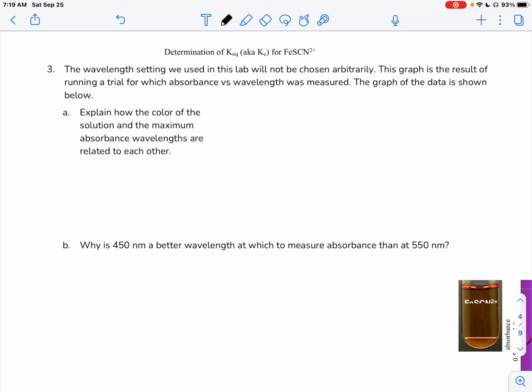So when I put this into the spectrophotometer, it gives me this graph, absorbance versus wavelength, the graph that you can see on your handout. It tells you that you should pick something between 0.1 and 1 for absorbance. So we're going to pick a really high peak here.